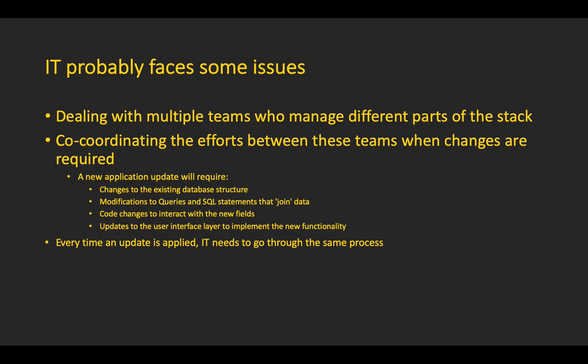In that case, IT probably faces some issues. You have multiple teams that have to manage different parts of the stack, and maybe not everybody is aware of all the bits and bytes of the parts of the IT environment. You have to coordinate the effort between those teams when changes are required. And every time an update is applied, IT needs to go through the same process. So there is a lot going on over there.